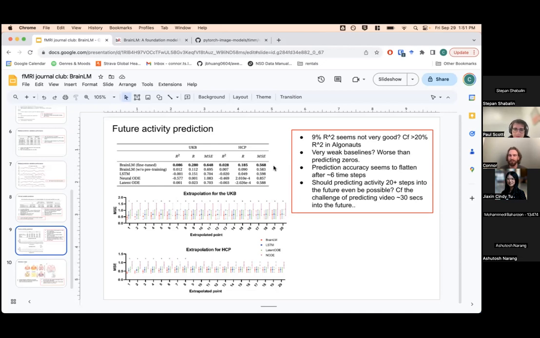I totally take that point. The takeaway for me is it's not clear how to interpret their 9% R squared. At the very least, baselines that are 0 or negative are not informative.